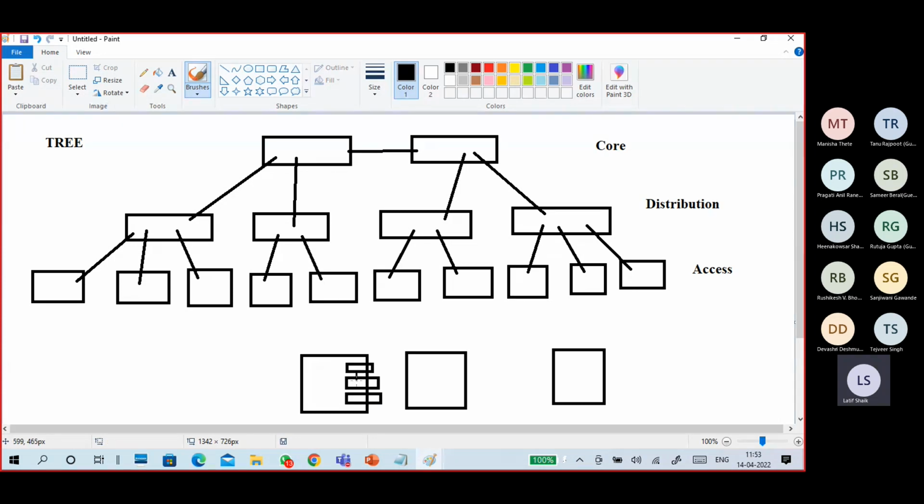Devices are connected and these switches are also connected to each other, and finally I connect a router to this switch. So internet is distributed to every place. So that you can consider as a tree or a point to multipoint or an extended star.